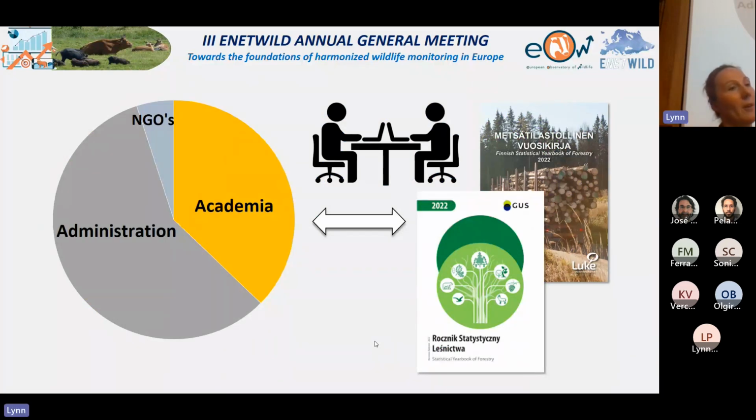Out of that graph, we have a lot of contacts with administration, which I don't know how it was for most of you, but in the case of Poland and surrounding countries, in many cases it failed. So we are still struggling with this problem: if we are asking for the data, what does it mean for administration scientists?